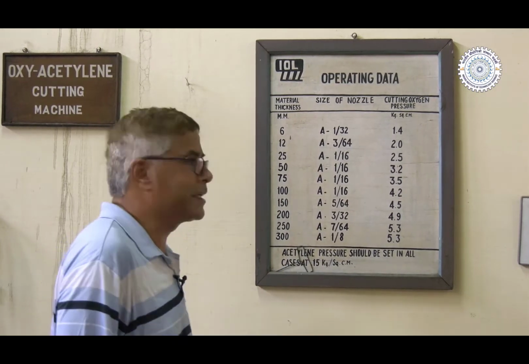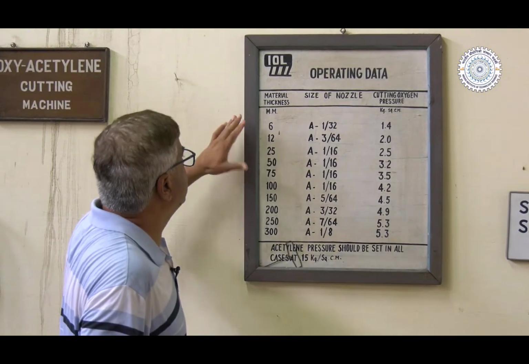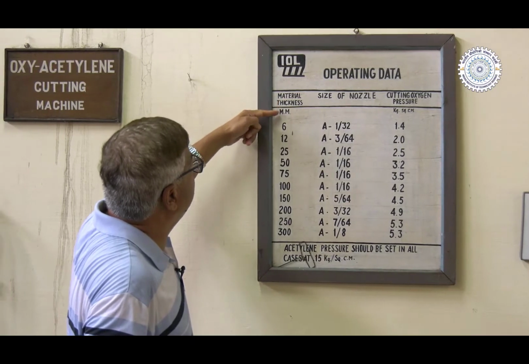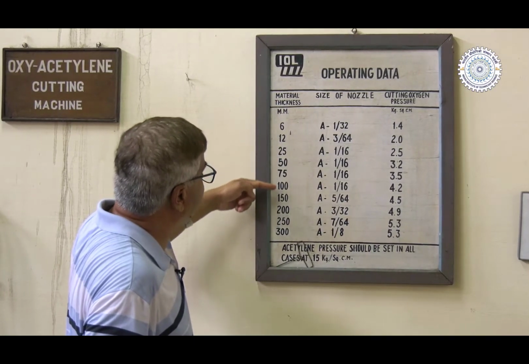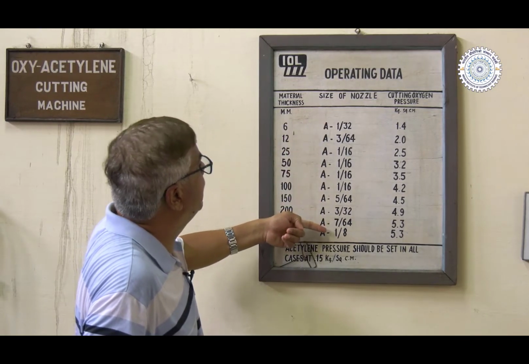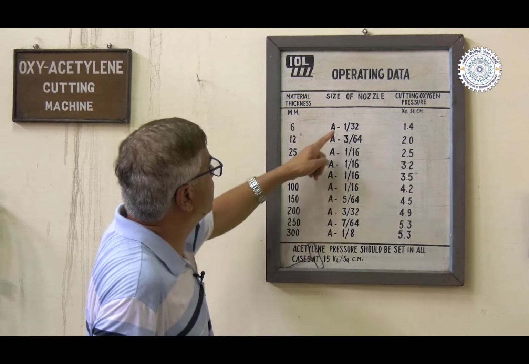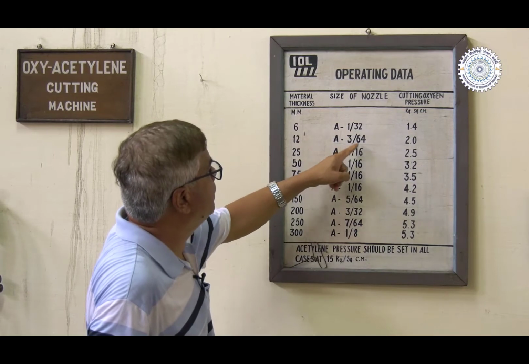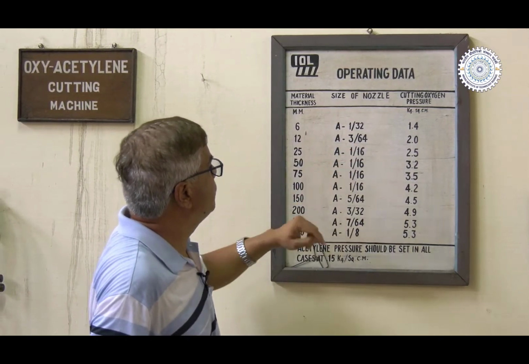These are mainly structural steels. You can see steel plates of different thicknesses and the nozzle sizes to be used, like 1 by 32 inch, 3 by 64, likewise.